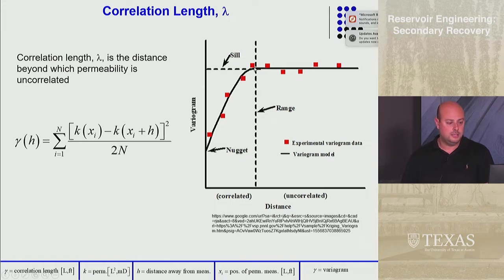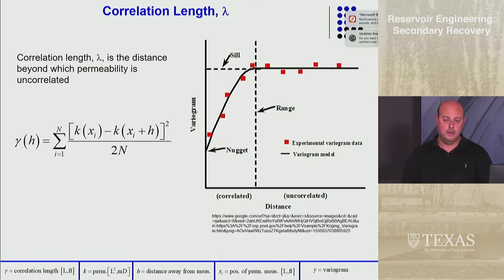Once it gets to this distance, gamma is constant, and what that means is that they're uncorrelated. So roughly speaking, this position where you start to see no more correlation, this distance from here to here, is the correlation length. Maybe it's 10 feet, maybe it's 100 feet, maybe it's 200 feet, but eventually you get to a point where they're so far apart that there's no correlation anymore.